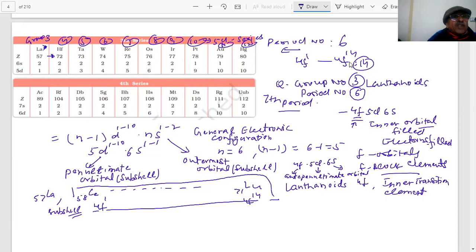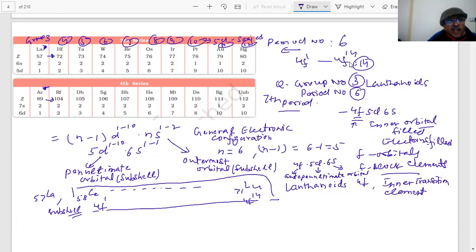Now, once you come to actinium, students, actinium is 89. Again, you see after that 14 elements are missing. Where are they gone? What is the atomic number of actinium? 89.